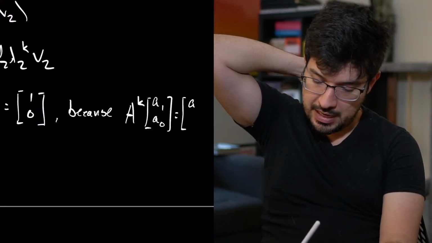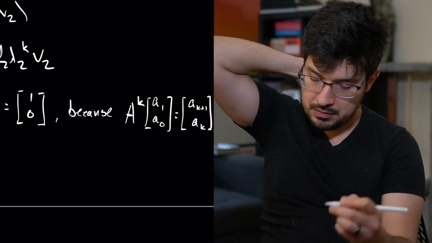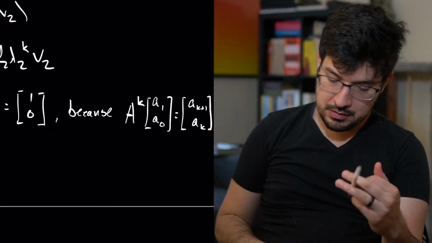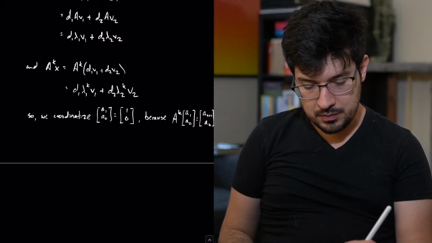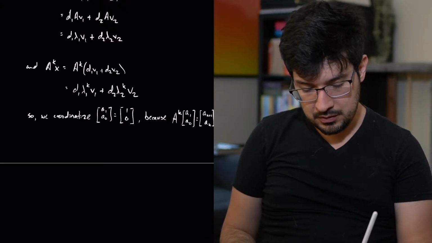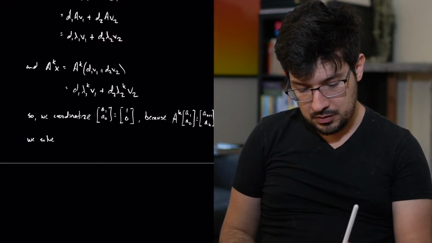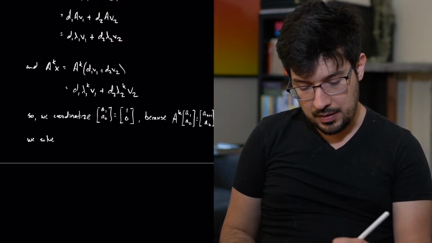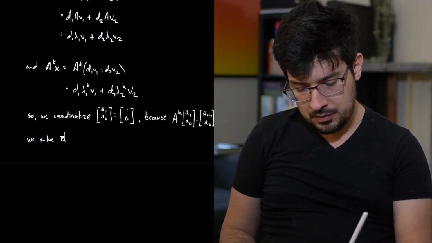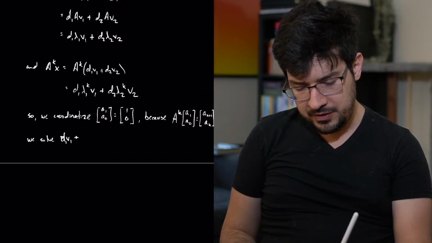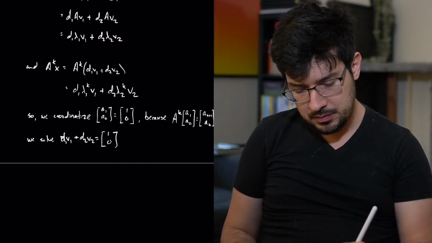So this would be a_{k+1}, a_k. Right? So we solve for d1 v1 plus d2 v2 equals 1, 0.